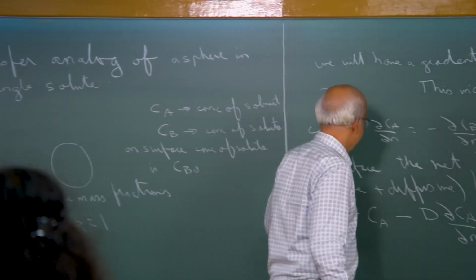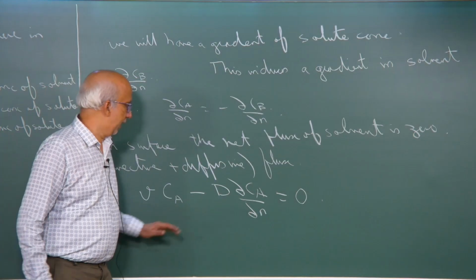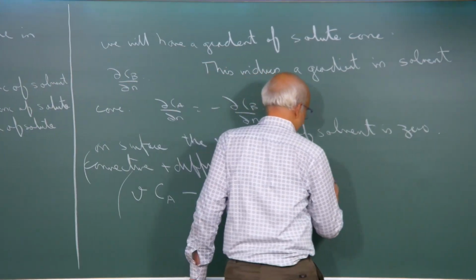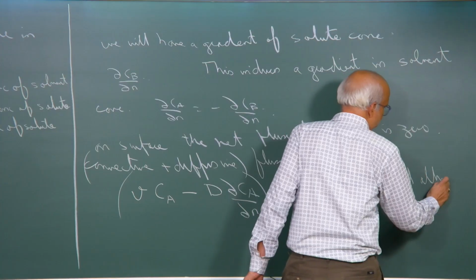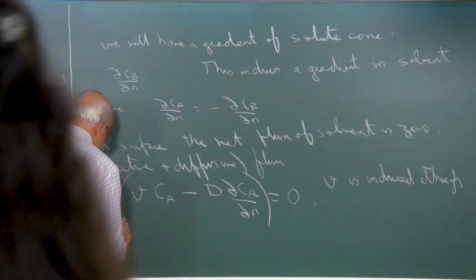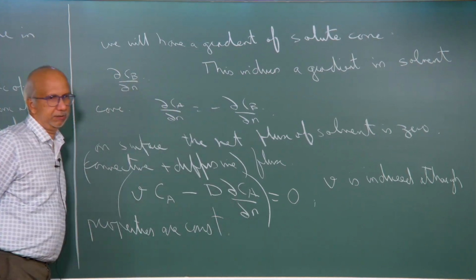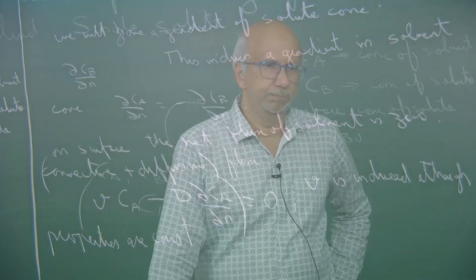So this velocity is induced so that the net flux is 0, and this is what we are interested in. So velocity V is induced although the properties are constant. Density is constant, viscosity is constant, everything is constant, but I still have the flow.